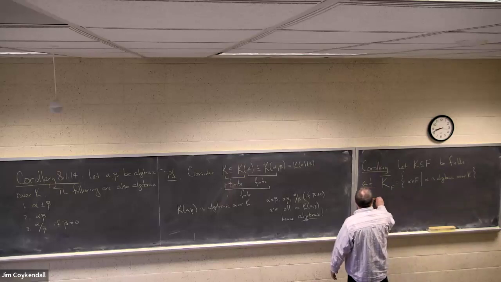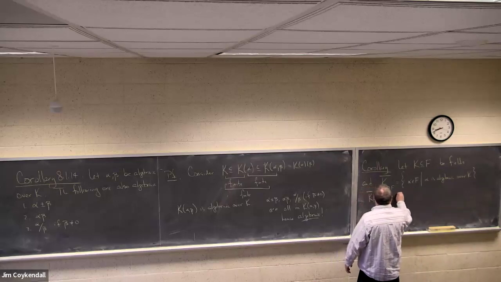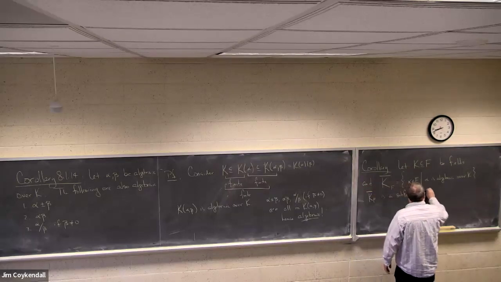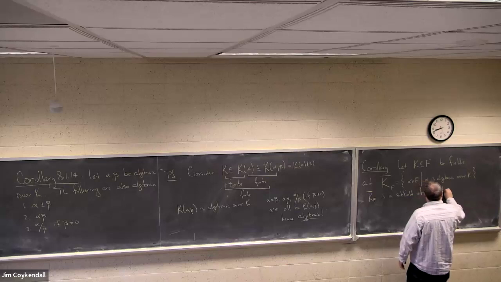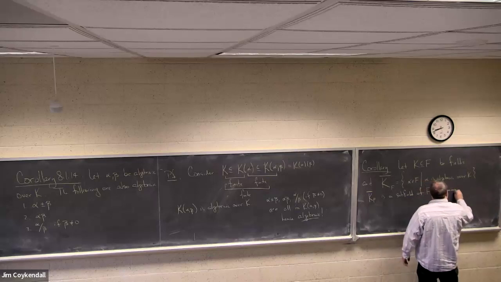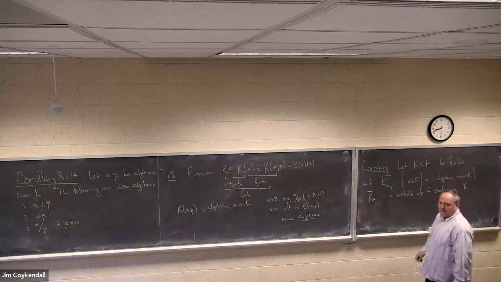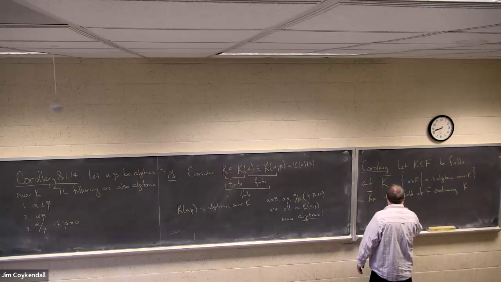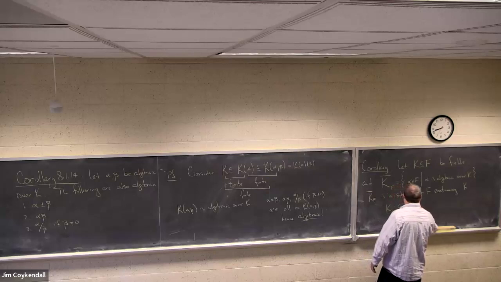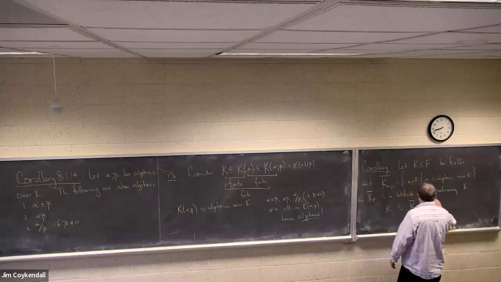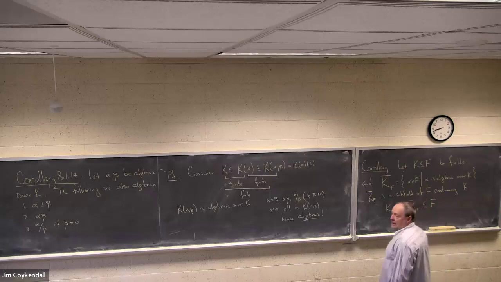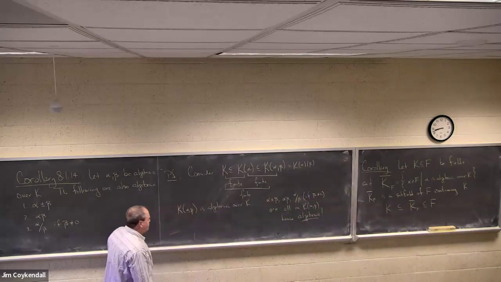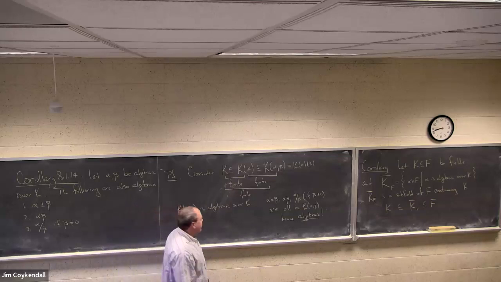K bar F is a subfield of F containing K. Right. So we have K inside K bar F inside of F. Now, why is this a subfield?